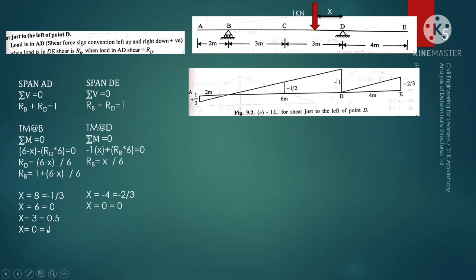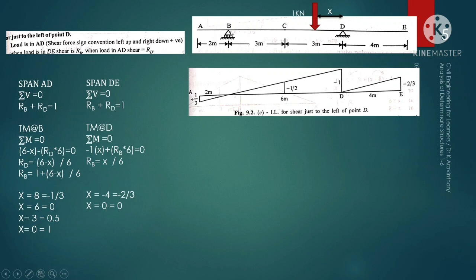So x equal to 0 is the case at point D. Hence, I have 1 is arrived here and x equal to 3. So from this origin, this is the 3 meter, that is positive 3 meter. Okay, if I substitute the 3 here, 6 minus 3 will be 3, 3 by 6 will be 0.5 and 0.5 is the next value.